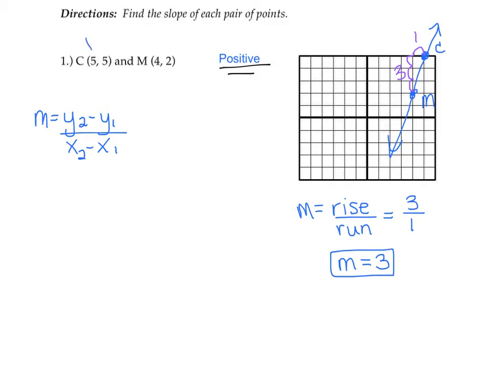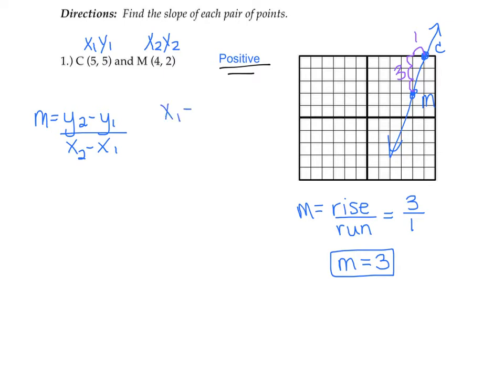This is your x coordinate and this is your y coordinate. This is your first ordered pair, so you're going to label it x1 and y1. Now our second coordinate, or M, is 4, 2. Your x is 4 and your y is 2. It's your second ordered pair, so it's x2 and y2.